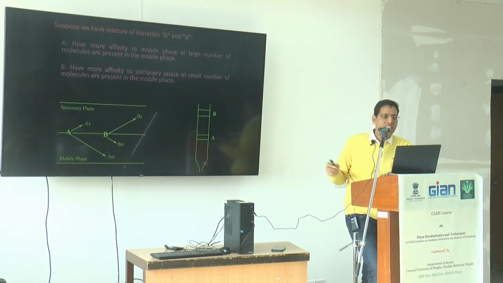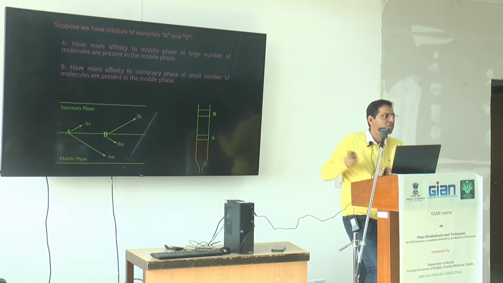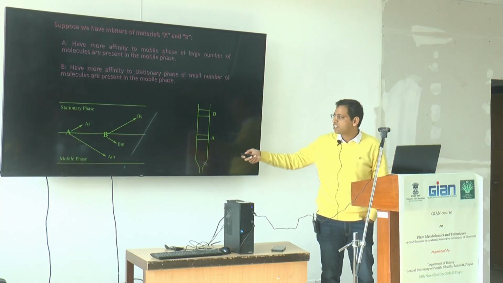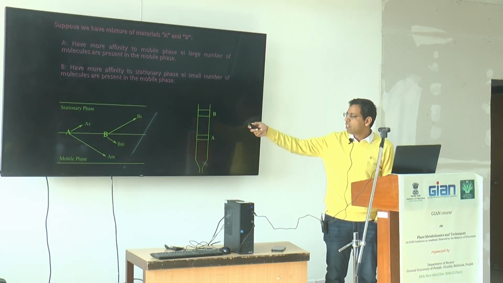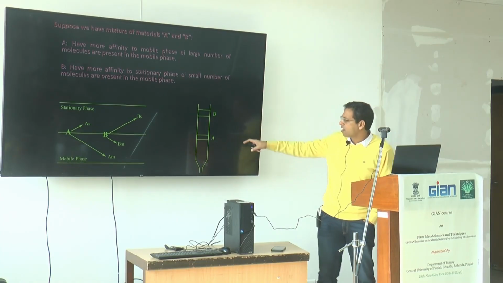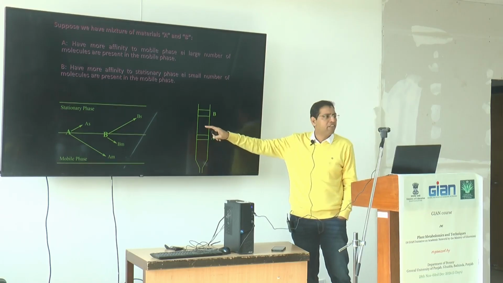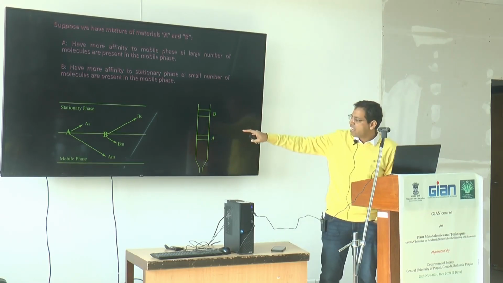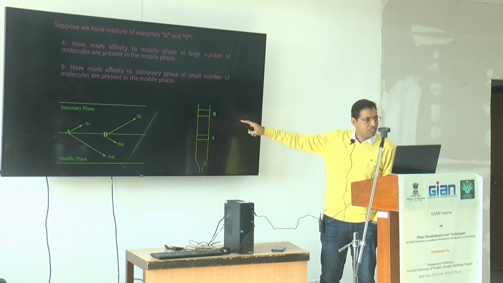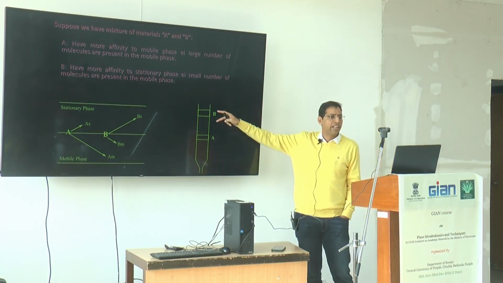So let me explain this differential migration with this picture. You can find there are two phases. One is the mobile phase and the second is the stationary phase. Molecules that move less with the stationary phase and more with the mobile phase come first. The second metabolite has more affinity with the stationary phase and less with the mobile phase, so it comes later.